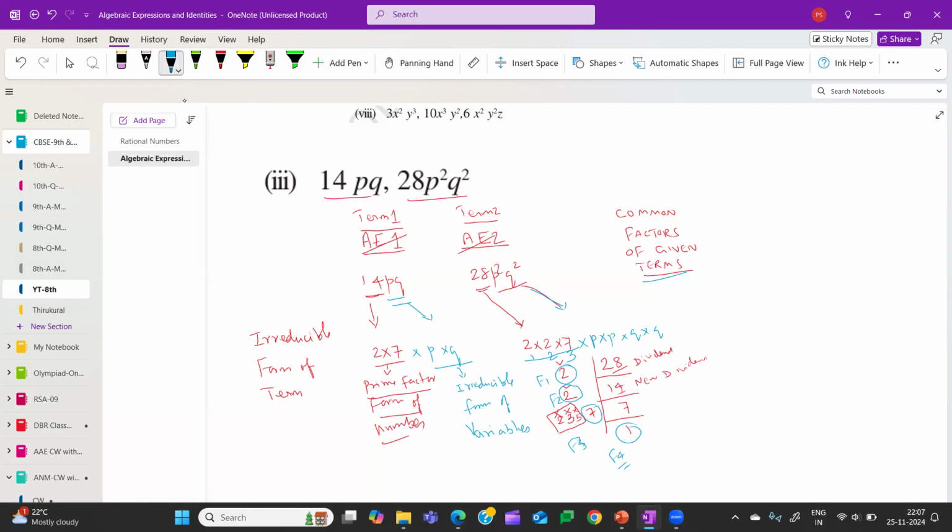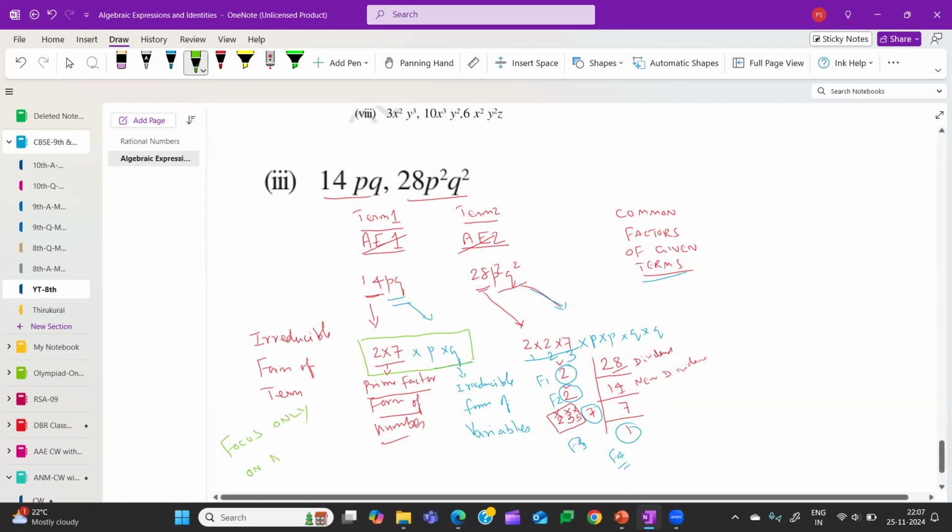This is how we need to write. Now, for the final answer, we'll check whether the term 1 factors are common. We need to focus on all the factors of term 1.